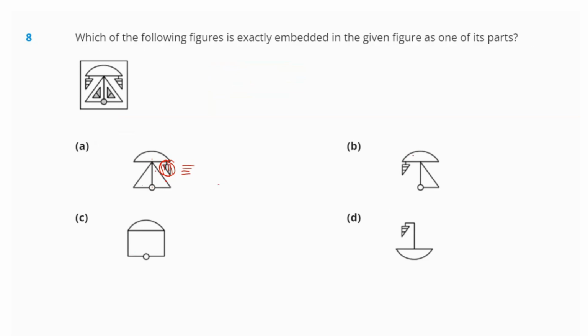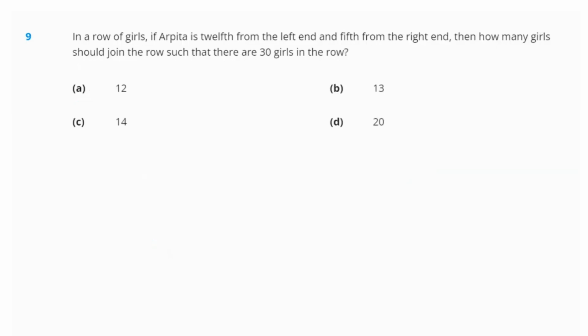Let's go to option B. They have done here a vertical line, circle, triangle. So I think this can be a correct answer. We don't have this line here. This is also not an answer. This is not down, this is here. This is also not an answer. So answer B is a correct answer. Moving on to the next question.